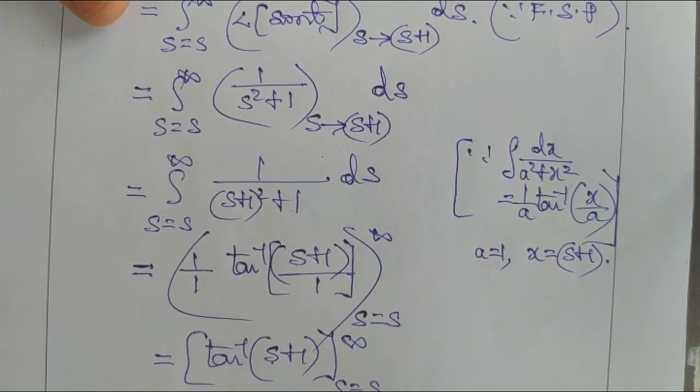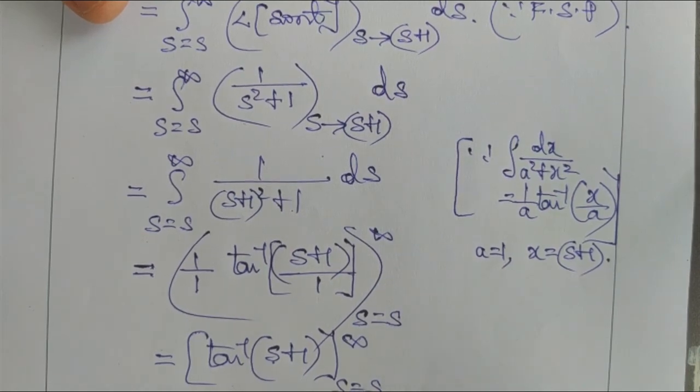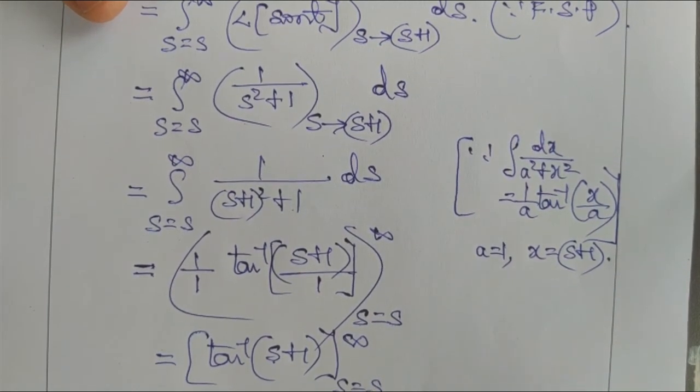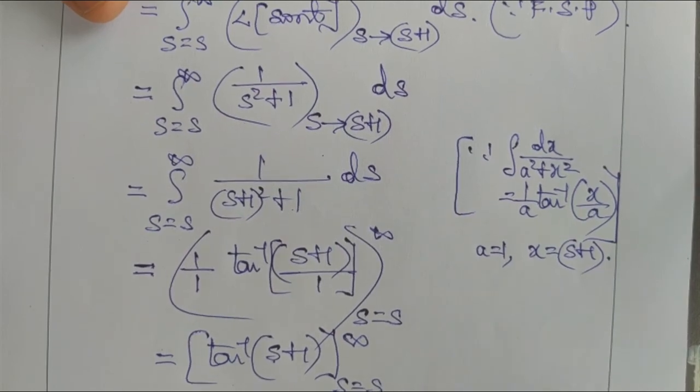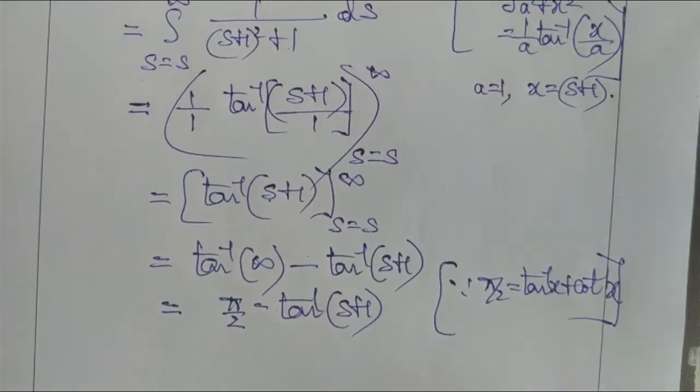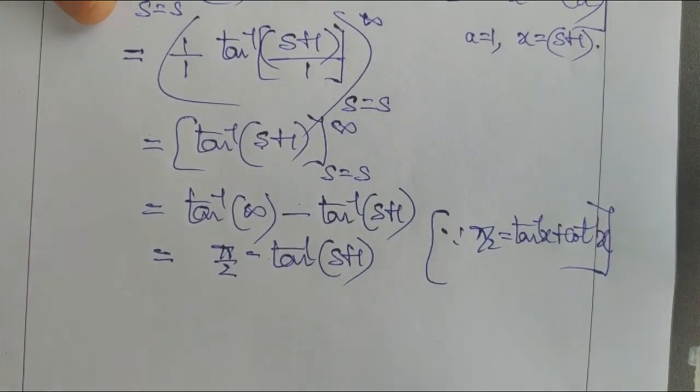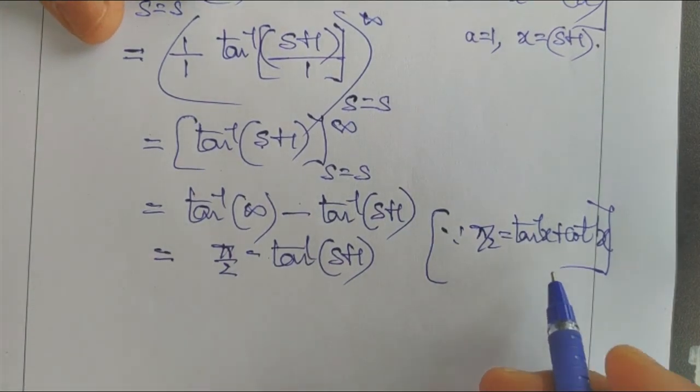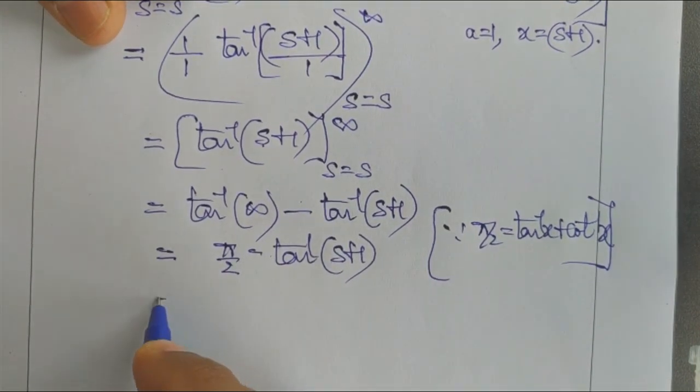In PUC, you studied that pi by 2 is equal to tan inverse of x plus cot inverse of x. This formula you studied.